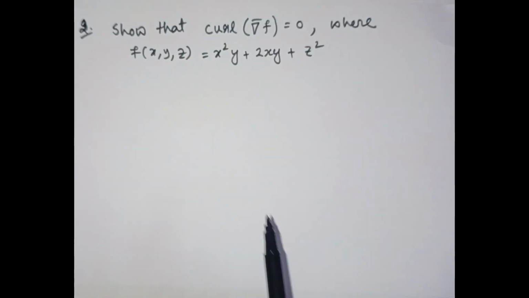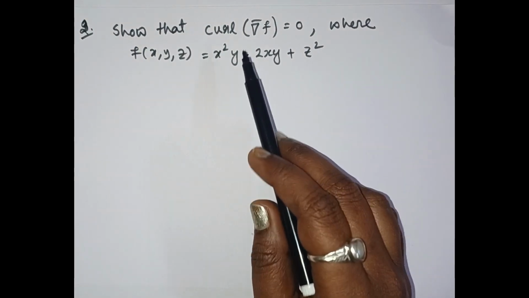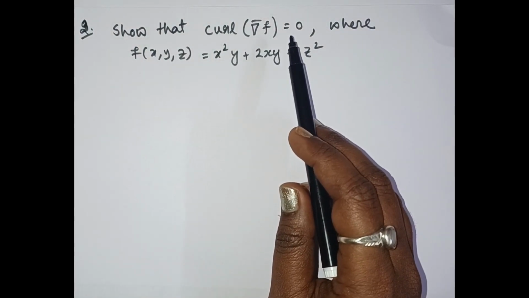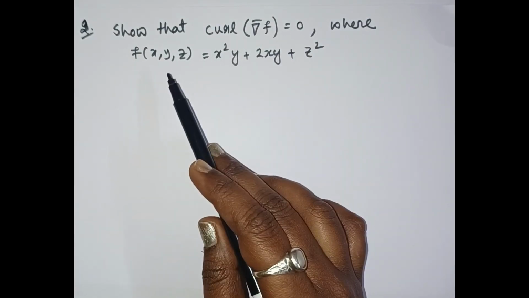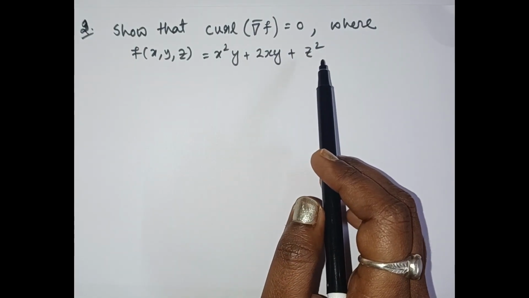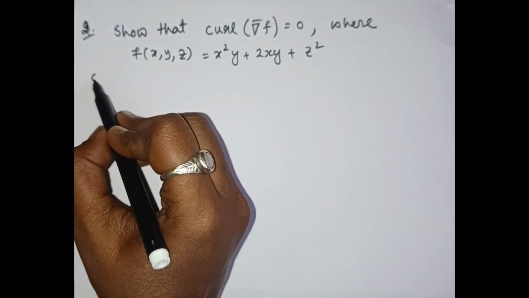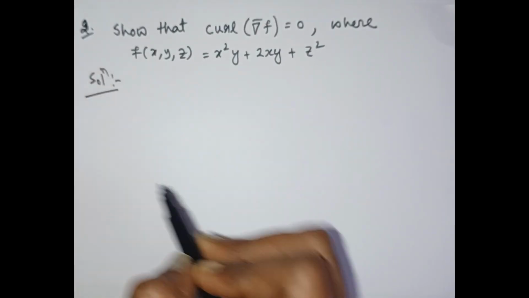Again a similar question, that is curl of grad of f equal to 0, but the question is show that, and f(x, y, z) is a given function. So again similarly try to solve this question.